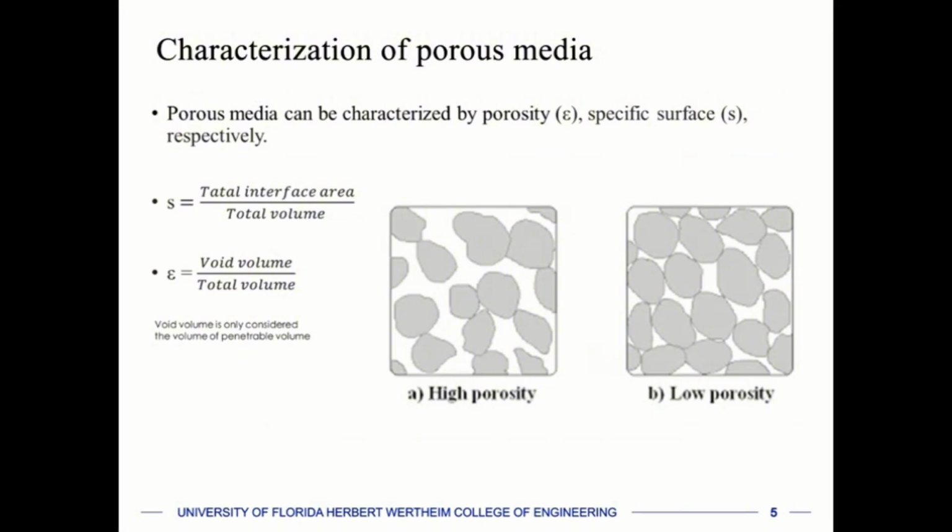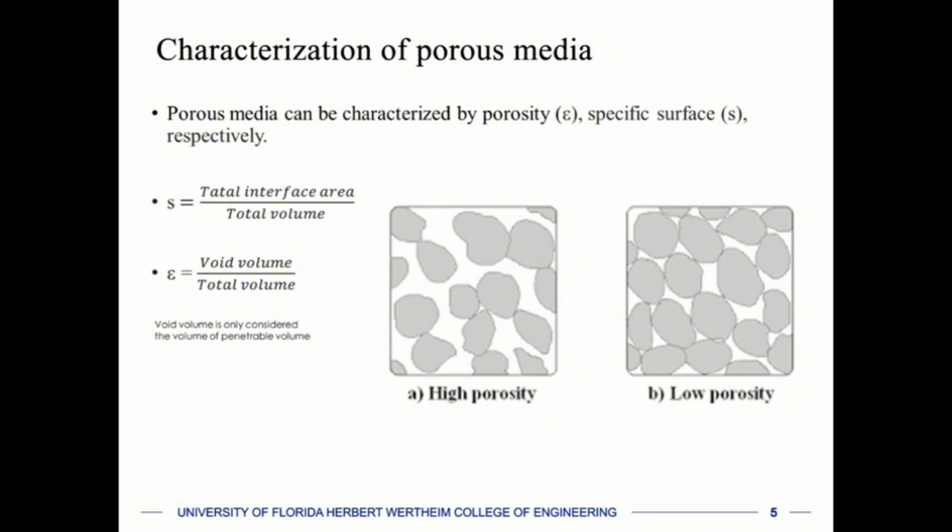Next is the characterization of porous media. How to characterize our porous media plays a really important role in understanding the mechanism of fluid flowing in porous media. And there are two terms that can characterize our porous media.